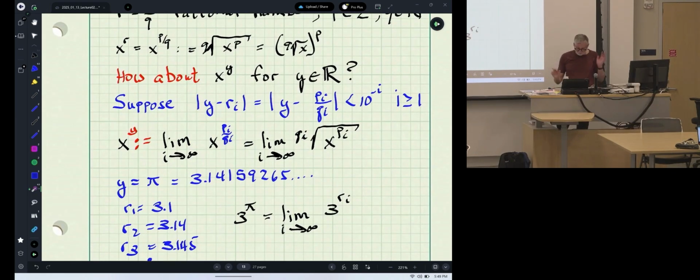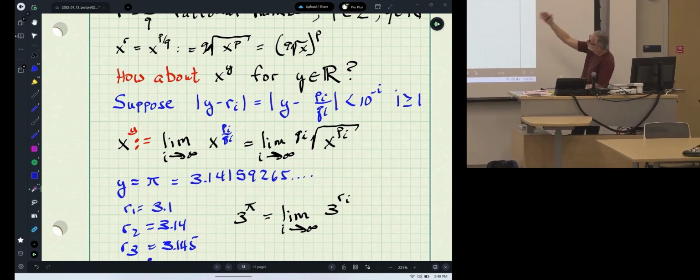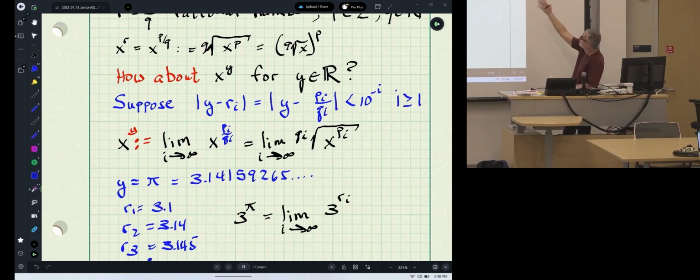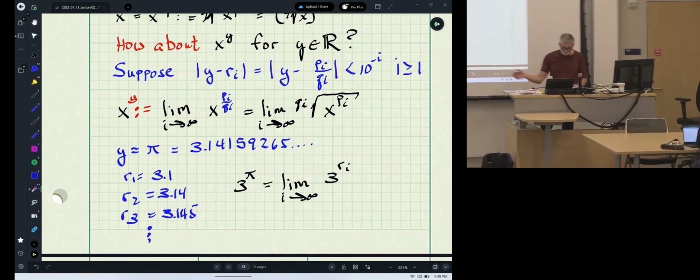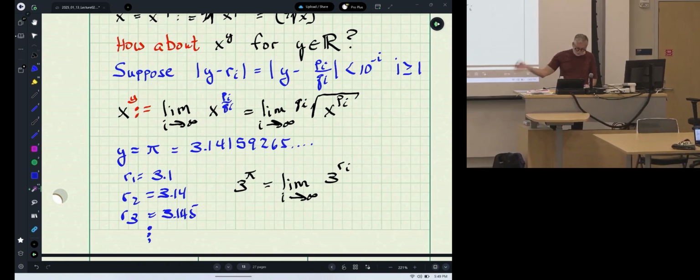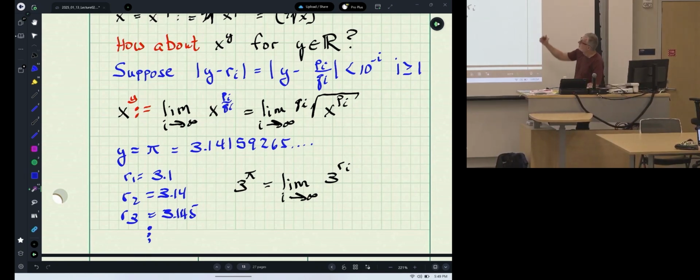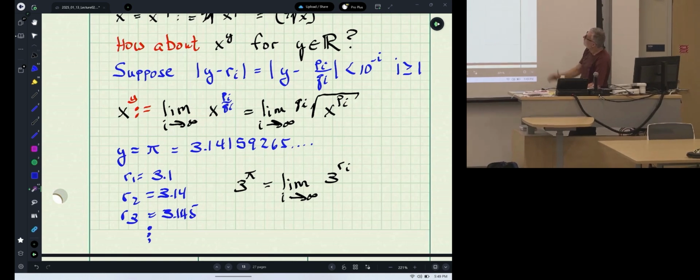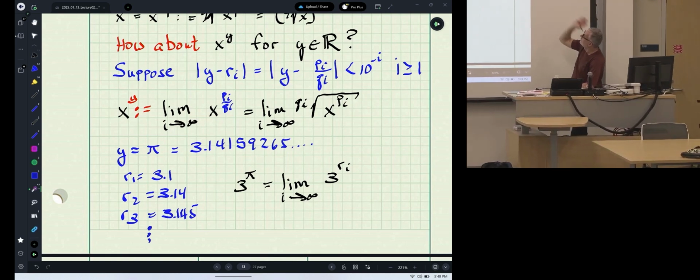And so you tell me the level of precision you want in the approximation of your real number by a rational, and then I can calculate x to power y as the limit, as say here, I'm using i as the index, and my level of precision, epsilon, is 10 to the minus i. So it gets very precise very fast with powers of 10.